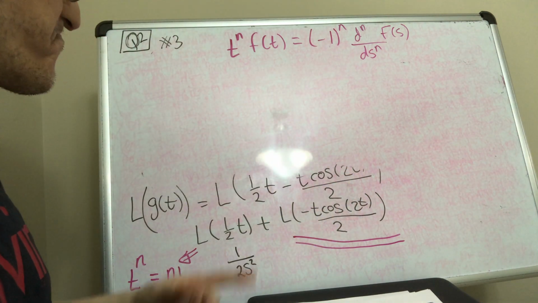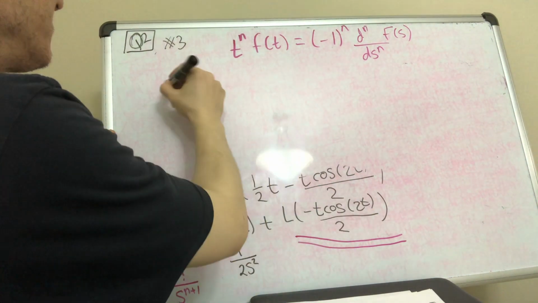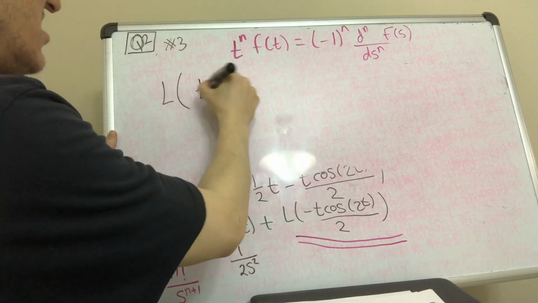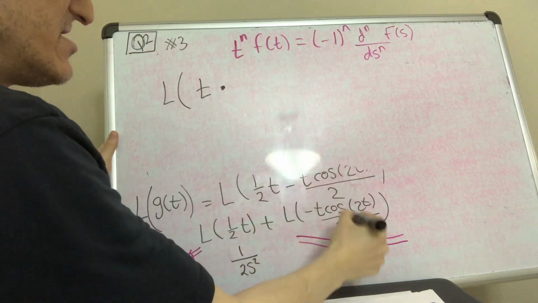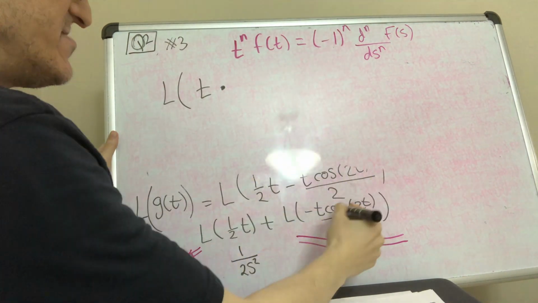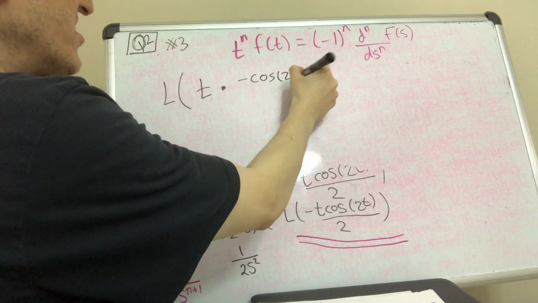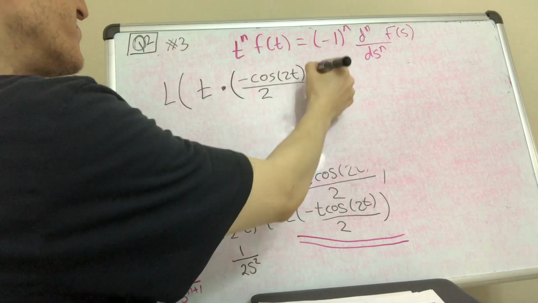Okay. So first of all, I'm going to write it this way. I'll put the t by itself times f of t, which would be everything else, the minus cosine of 2t over 2.